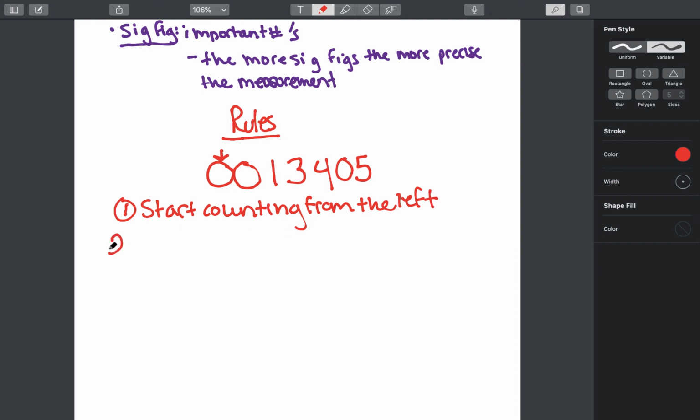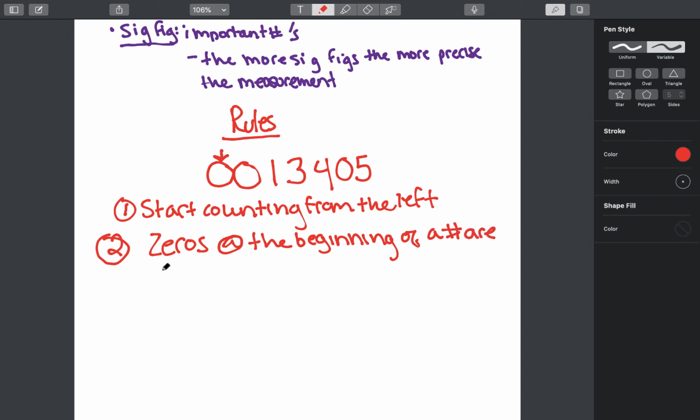The second rule that you must know is that zeros at the beginning of a number are never, I'm going to emphasize never, significant.